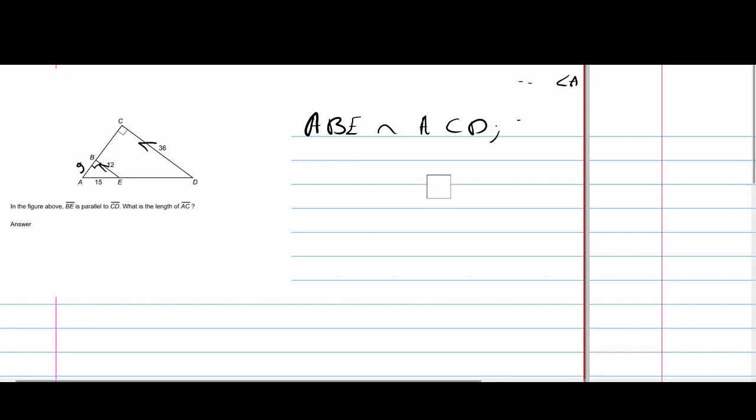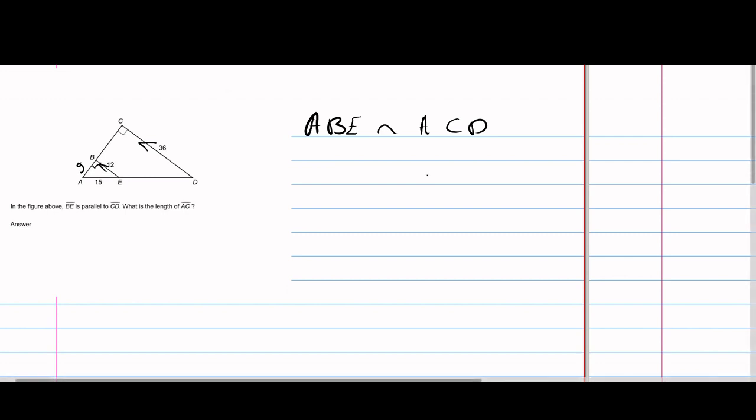That means what? If I have two equal angles in both of the triangles, that means those two triangles are similar.